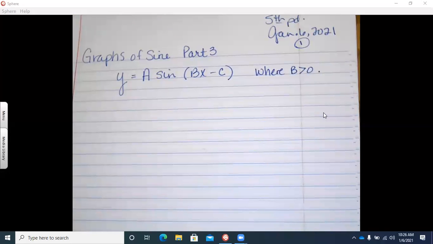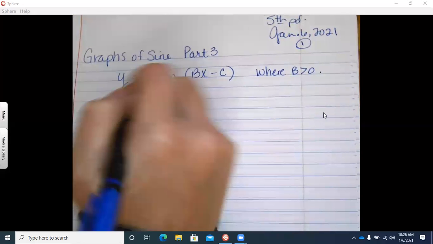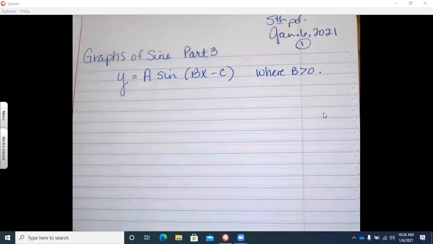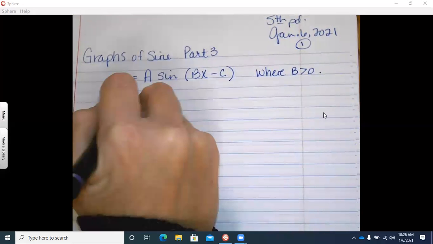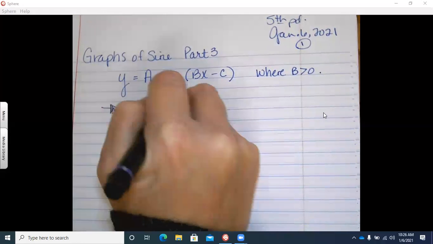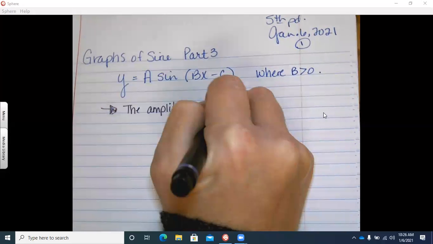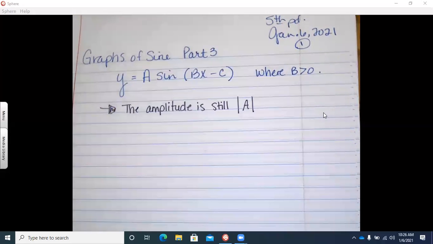Okay, so a is still the amplitude, the absolute value of a. The period is still 2 pi divided by b.